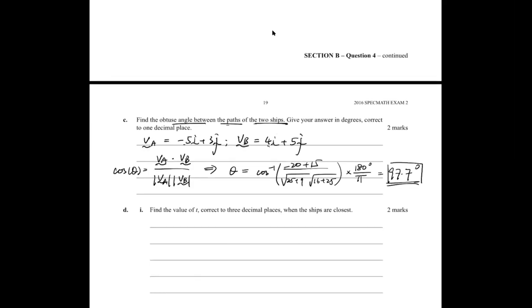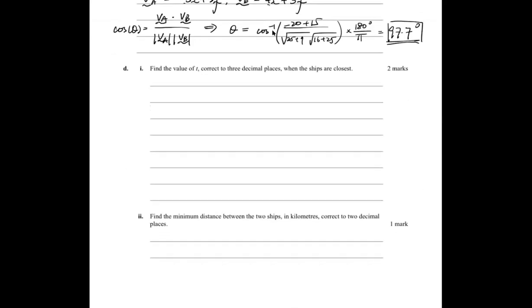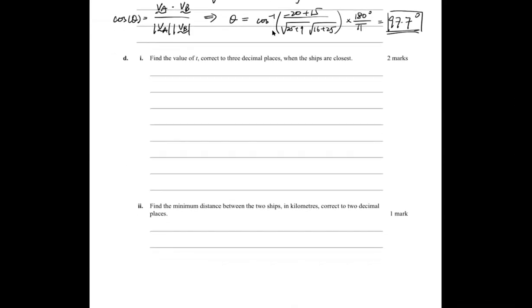Right, the next part. Find the value of t correct to 3 decimal places when the ships are the closest. So the distance between their current places are the closest. I want to define distance d(t) as the magnitude of position vector B of t minus position vector of A, so it's square root of (xb minus xa) squared plus (yb minus ya) squared.